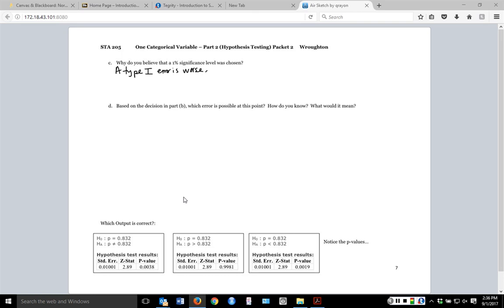Think about why. So think about what a type 1 error is. It would be worse to believe our Affordable Care Act had an effect when it didn't.